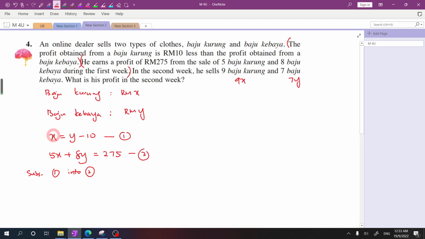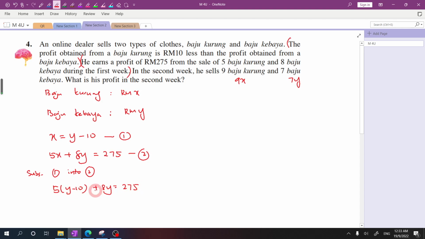Since I know that x is equal to y minus 10, when I write this 5x, I will not write x anymore, because I want to change the two unknowns into one unknown. So I'm going to replace the x by y minus 10. 5x, I know x is equal to y minus 10, plus 8y is equal to 275.